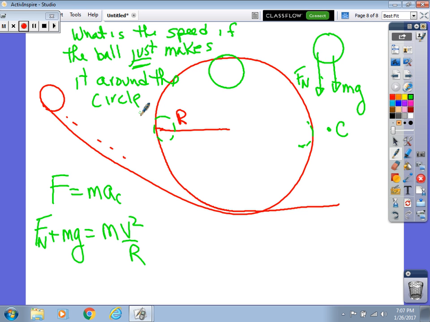That means when it just gets to the top, it actually starts to fall away from the track. It just barely makes it over.